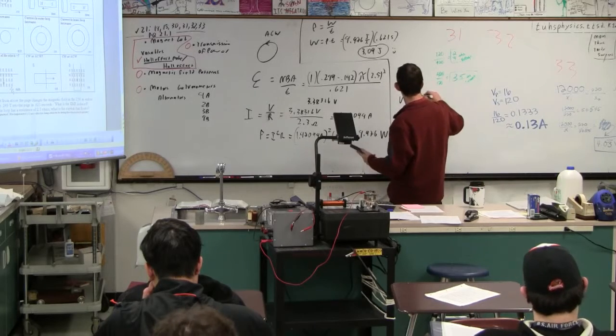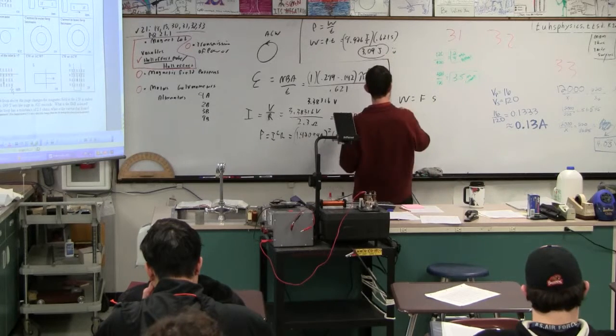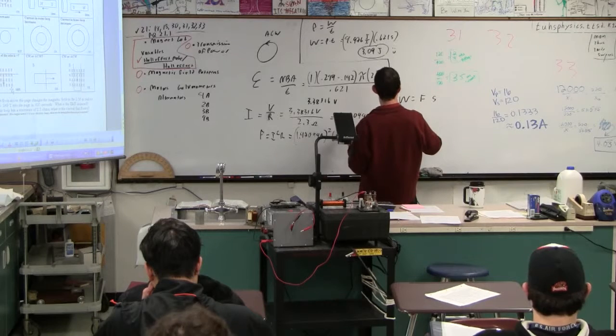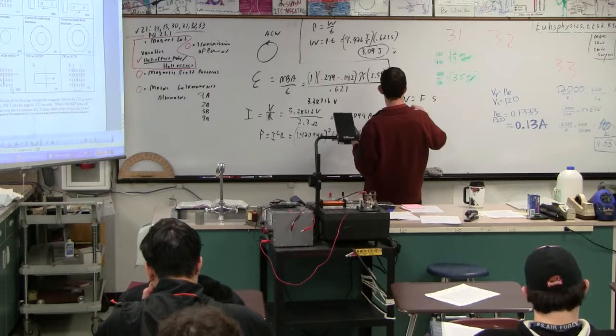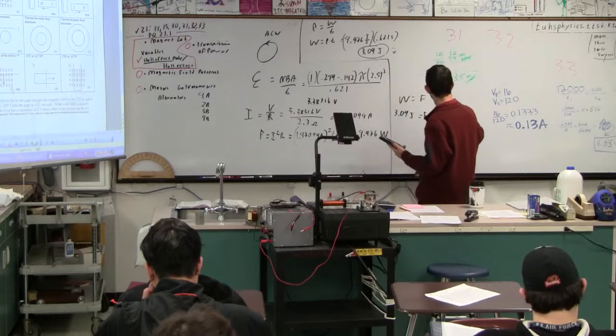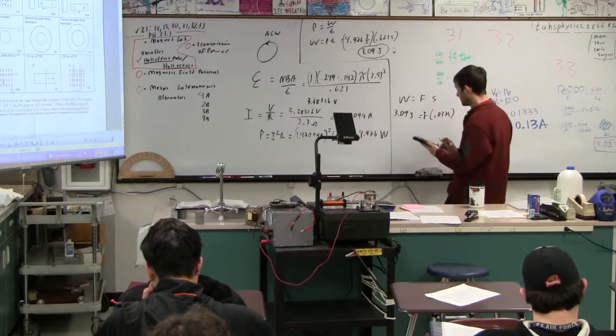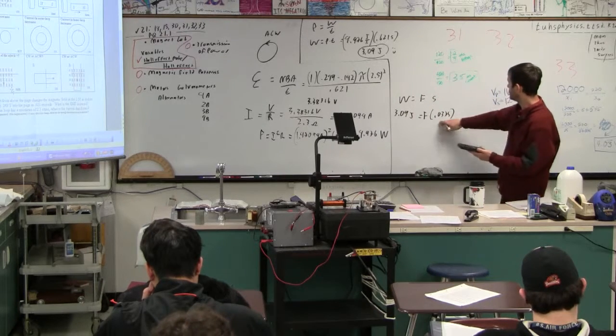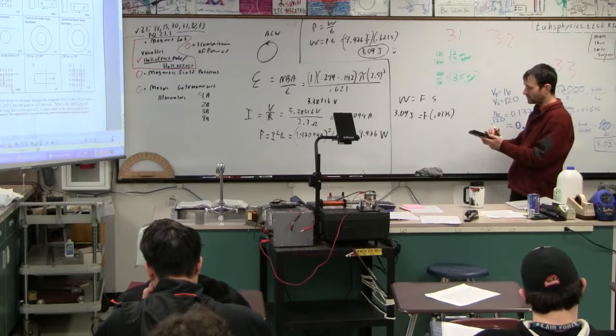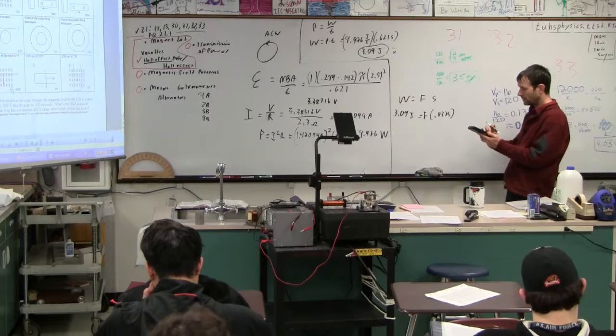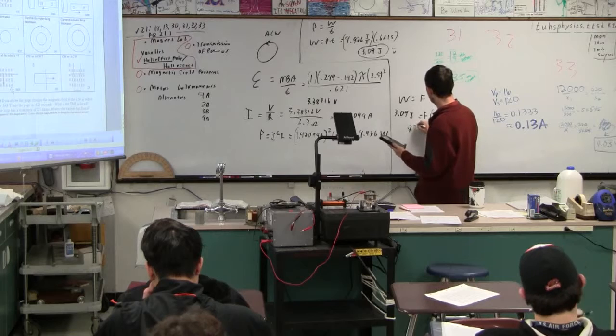I love this, right? Okay, so this is 3.09 joules, force times 0.0375, right? They tell us 3.75 centimeters. So divide this by 0.0375, and that's where you get the 82.4 newtons.